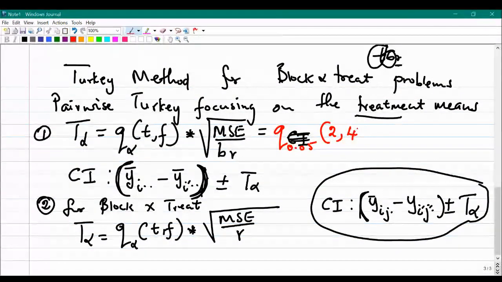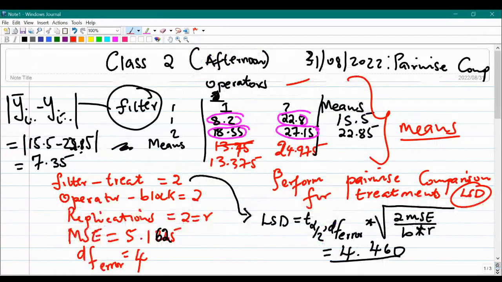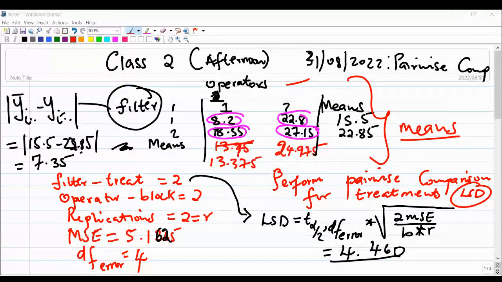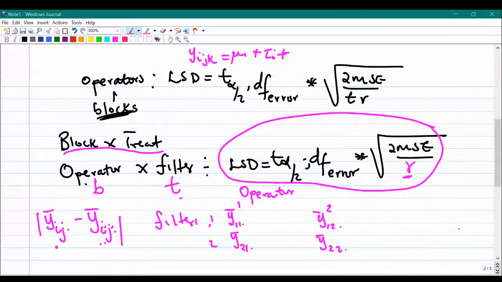Degrees of freedom of error, I'm told, is 4, multiplied by the square root of the MSE. What is the MSE? 5.1625.